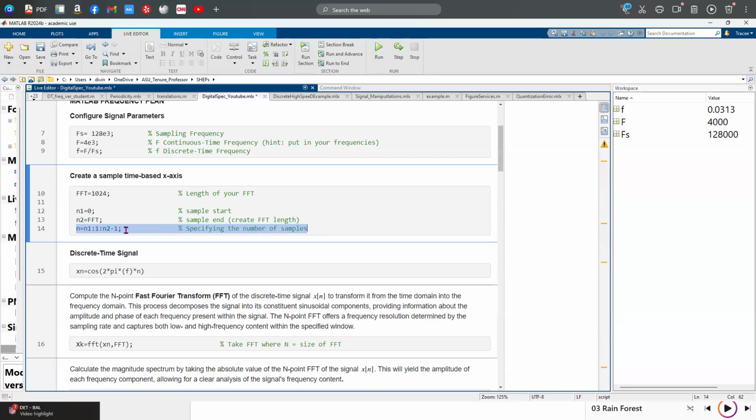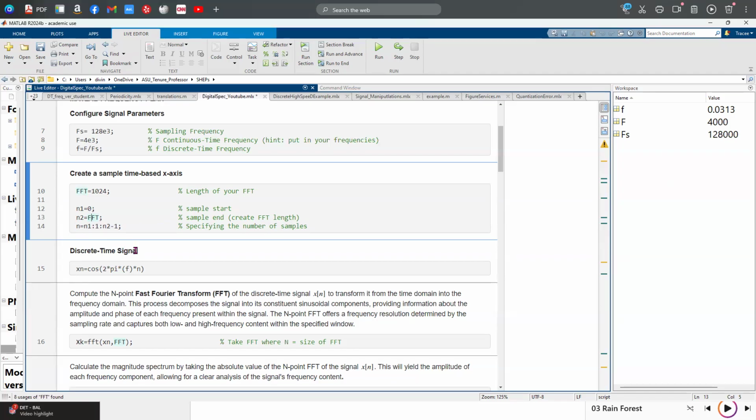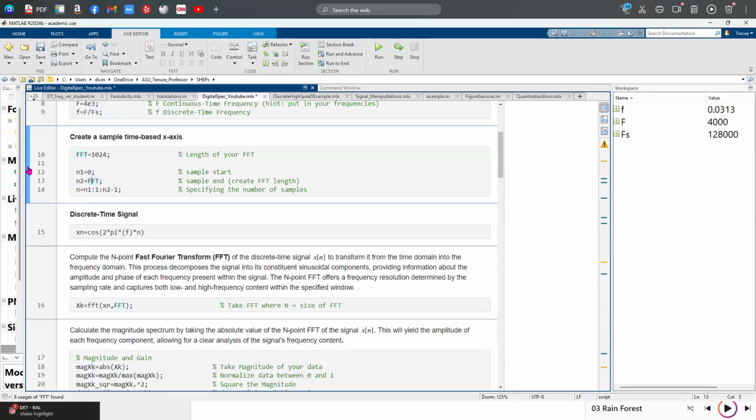The signal here, n, is the time index going from 0 to the FFT length minus 1. The signal is defined by x[n] is equal to cosine of 2 pi little f times n.